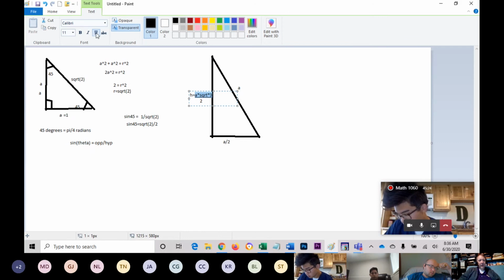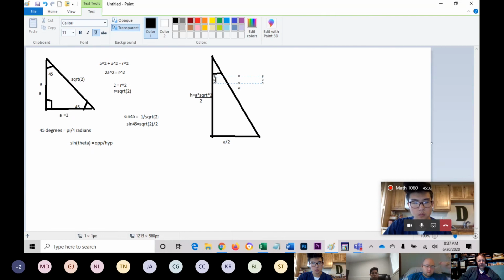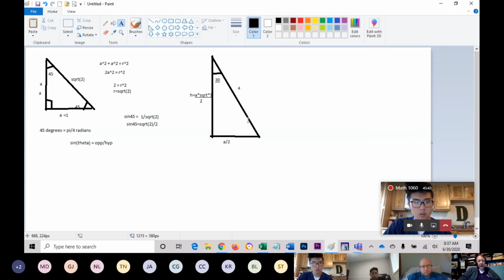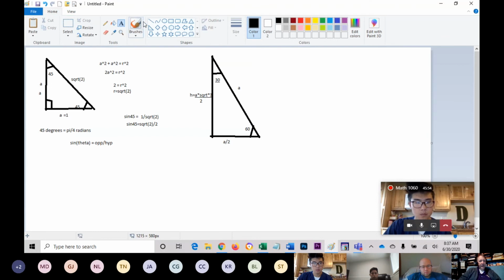This angle here is going to be your 30-degree angle. This one here is going to be your 60-degree angle. And of course, this is going to be your right angle.